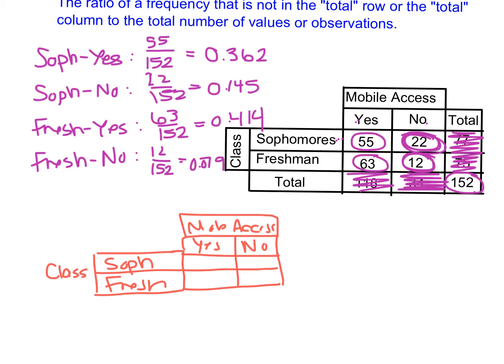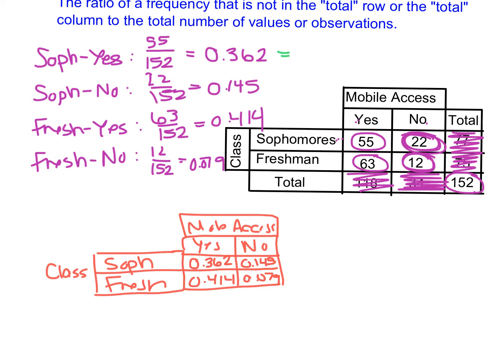So we'll have 0.362 here, 0.145, 0.414, and 0.079. And basically what these joint relative frequencies represent is what percentage of students fall in each category.